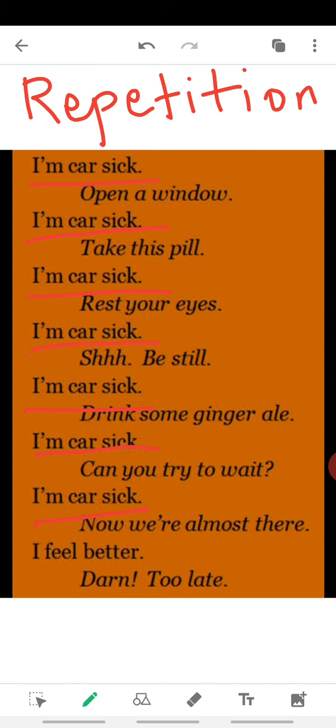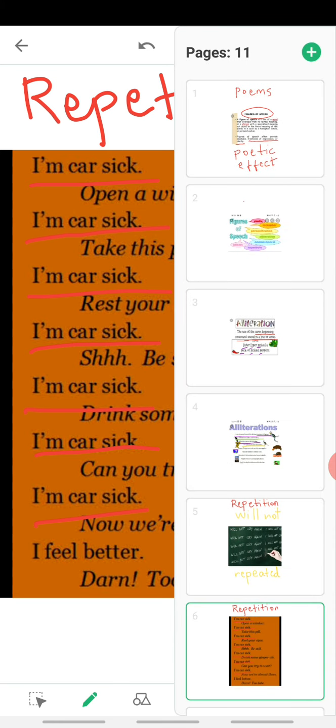I am car sick. Now you're almost there. I feel better. Done. Too late. Can you see the lines I have underlined? They are all repeated. Why are they repeated? Because they didn't have words? No, because they wanted to bring more poetic effect, more expression. Saying again and again, I am car sick, sends a message to the reader. So this is an example of repetition.